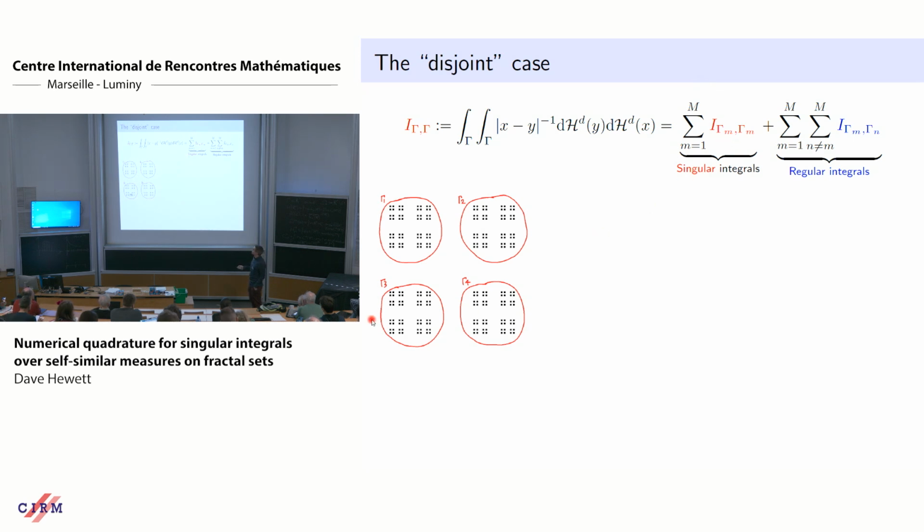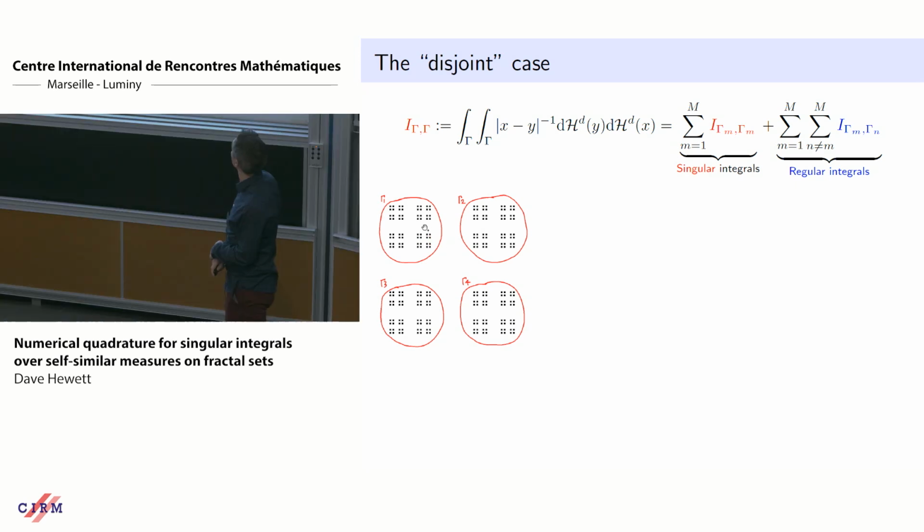Some of them are singular, because the interaction between gamma 1 and itself, or between gamma 2 and itself, is singular. But for the ones where m is not equal to n, the interaction between gamma 1 and gamma 2, because of the disjointness, there's a finite distance separation between these. This kernel is then smooth on that product, and therefore this is a regular integral. So some of these are bad, some of these are good.